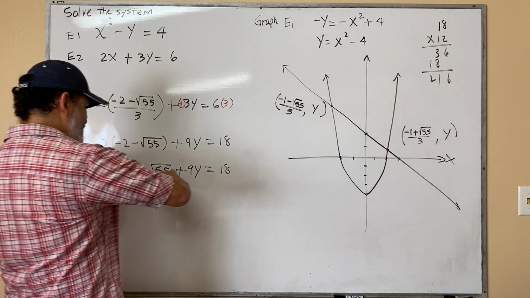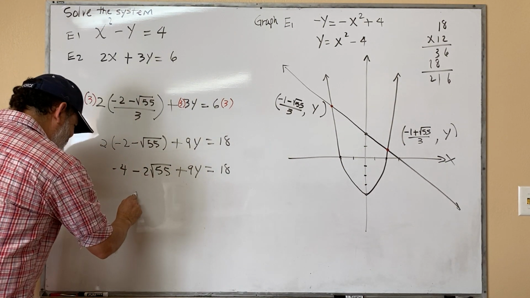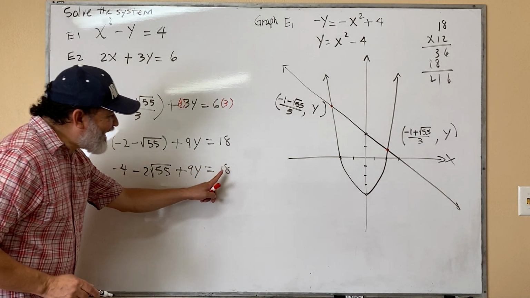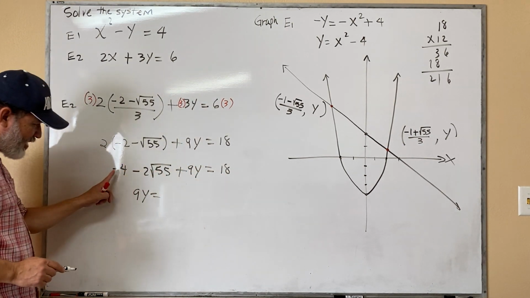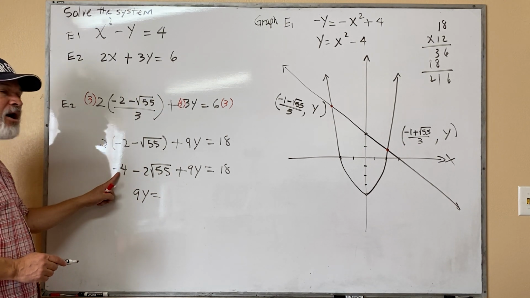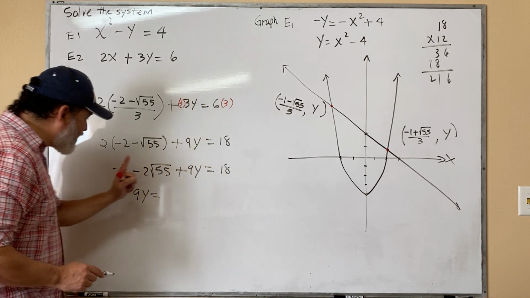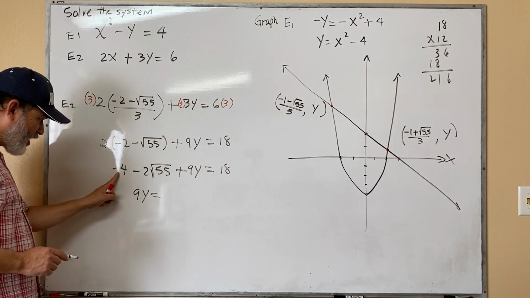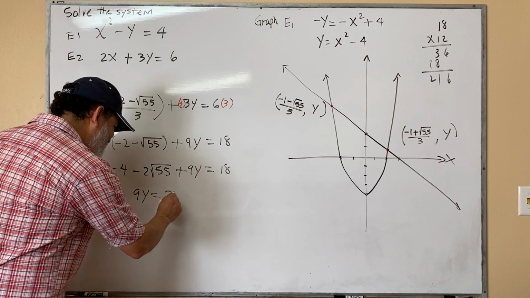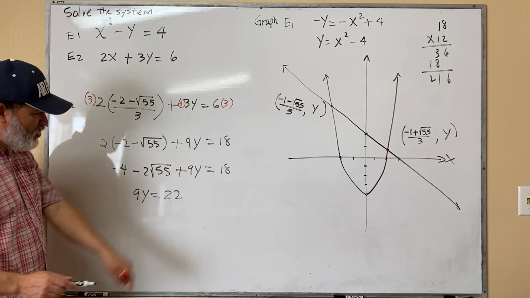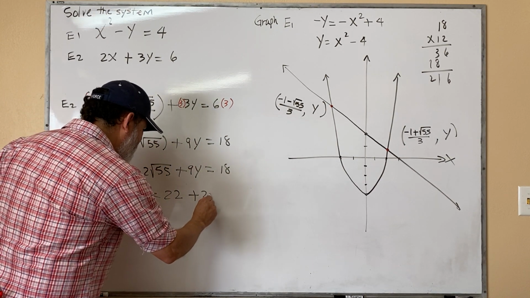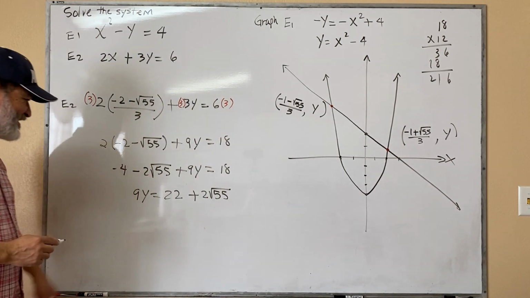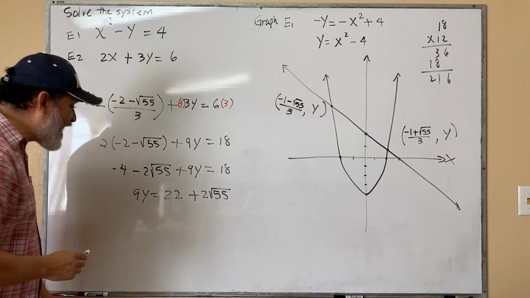Bring this to my right. So 9y equals 18, and this comes over, plus 4. What's 18 plus 4? 22. Also bring this over, plus 2 the square root of 55. Divide both sides by 9.